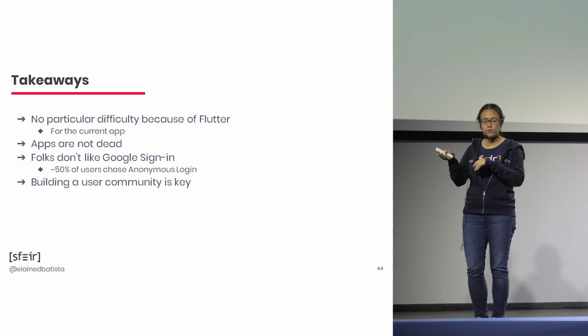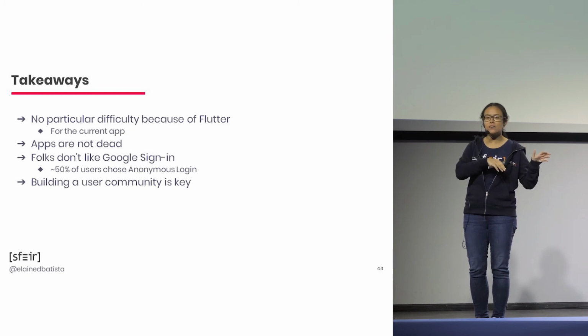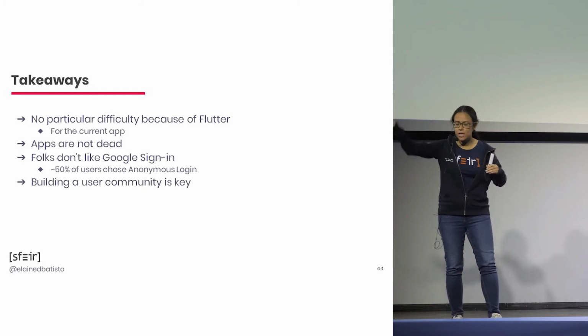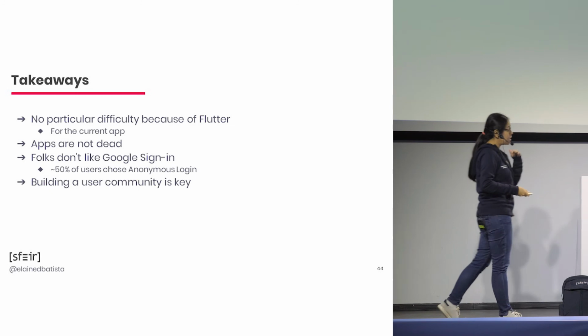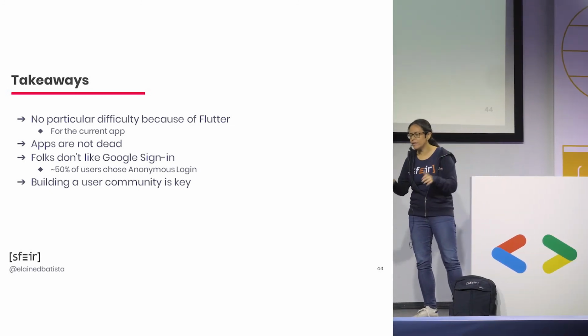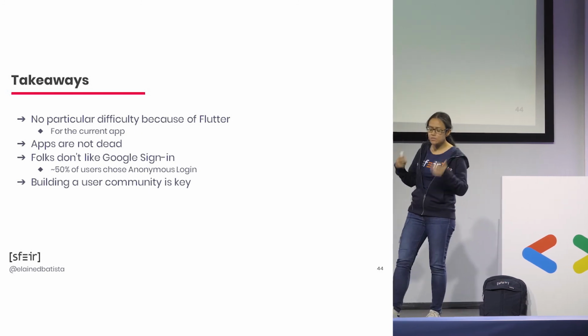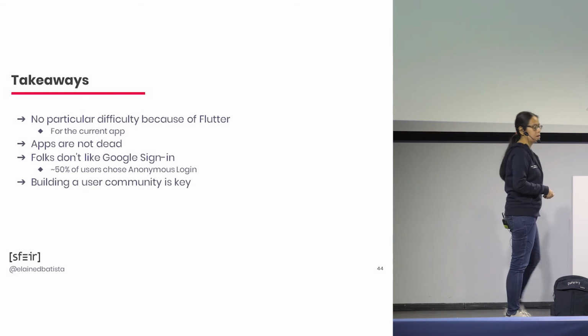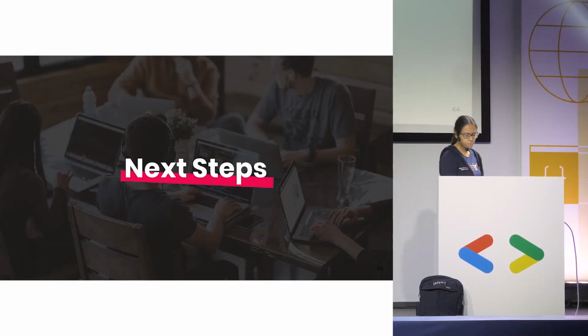Half of the people are using Google sign-in and half are using anonymous. And I put on the app, if you want your data to be synced to several devices, if you want to back up your data, you have to do the Google sign-in. Only half of them did it. And of course, I got so many helpful and positive feedbacks that actually helped me build a better product.